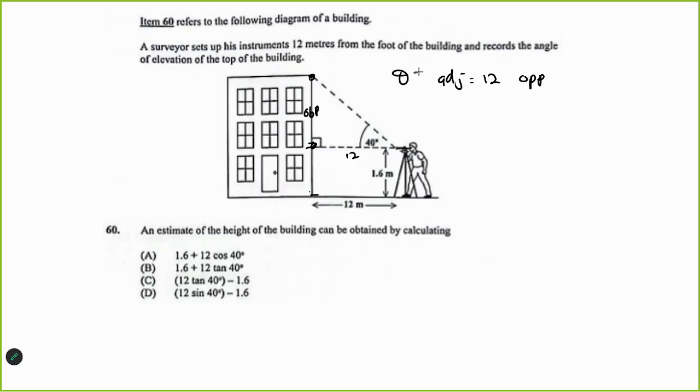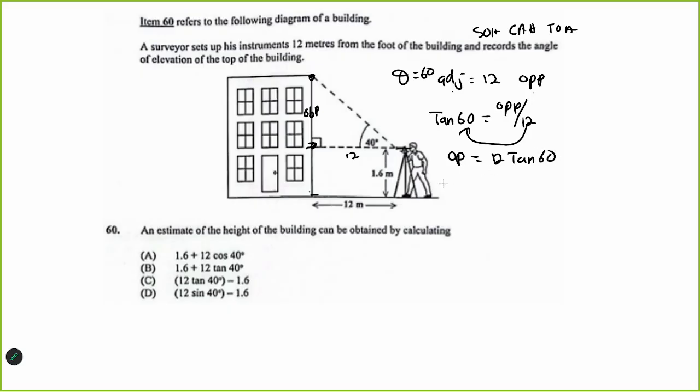And theta is equal to 60. So if it's adjacent and opposite, we use SOH CAH TOA, which is tan. So tan 60 is equal to opposite over adjacent, which is 12. We carry this across, so your opposite would be 12 tan 60, right? And then you take this value and add it to 1.6.